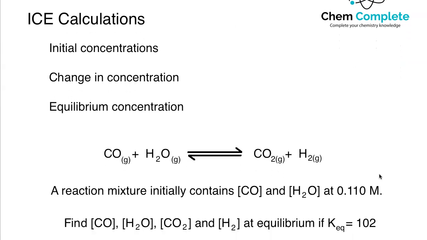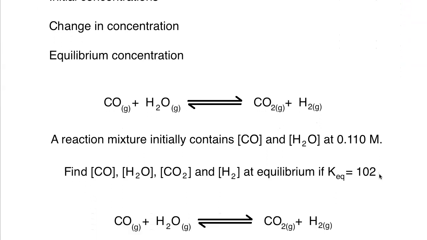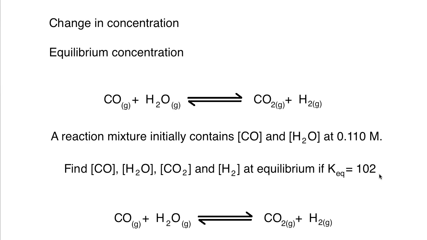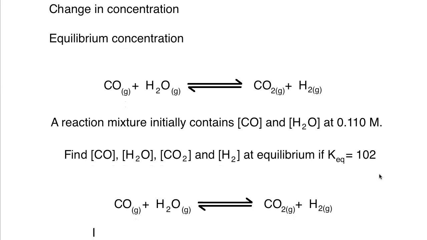So you can see I've got an example here in which carbon monoxide and water vapor are going to react and go into equilibrium with carbon dioxide and hydrogen gas. So the problem here states that a reaction mixture initially contains carbon monoxide and water vapor at a molarity of 0.110.